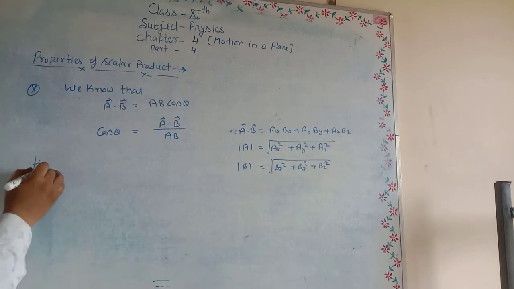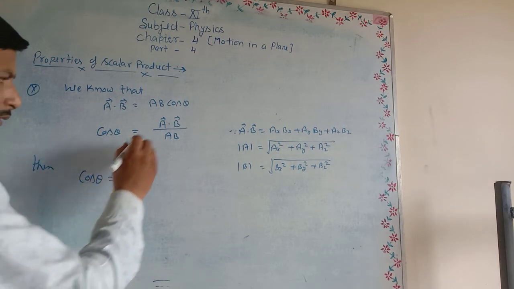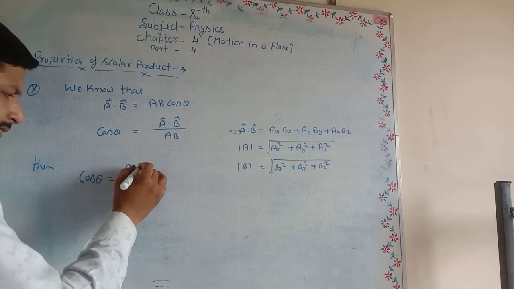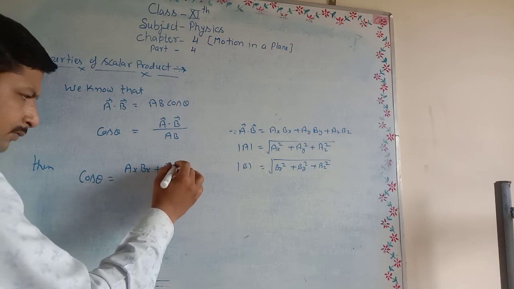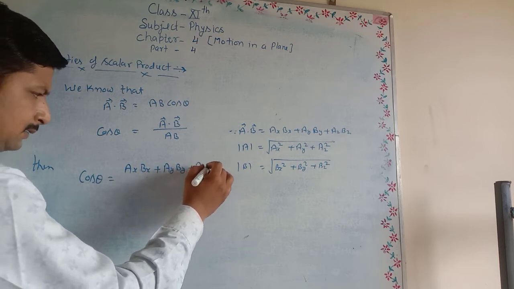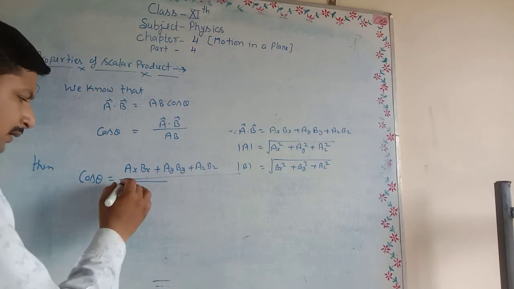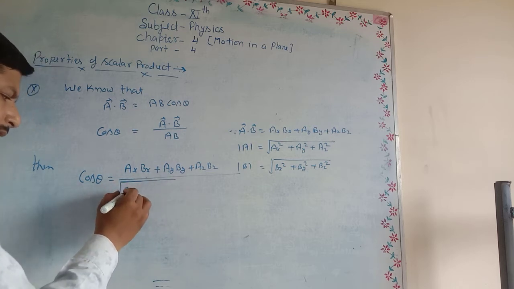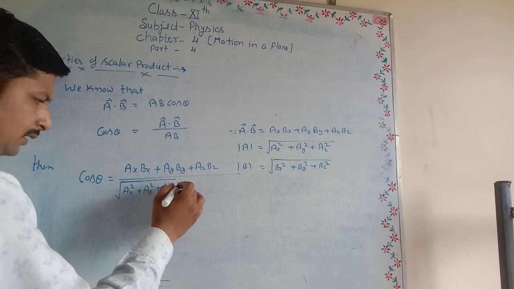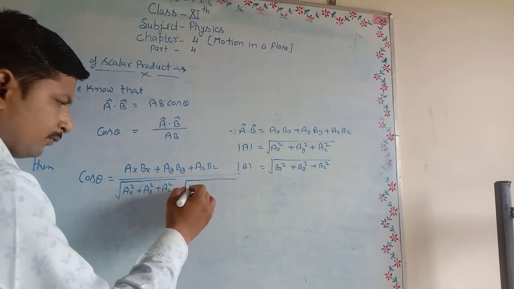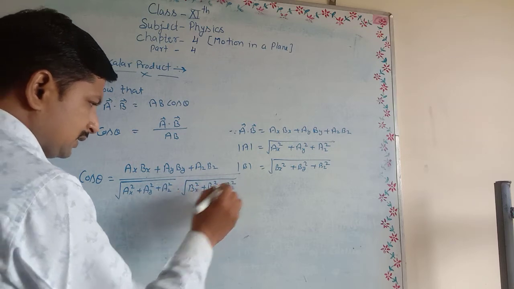Then the angle between A and B: cos theta is equal to (Ax Bx plus Ay By plus Az Bz) upon under root of (Ax square plus Ay square plus Az square) into under root of (Bx square plus By square plus Bz square).